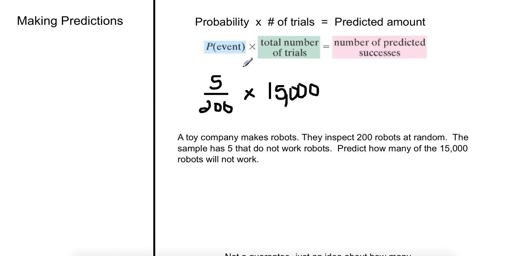So the easiest thing to do is to turn this to a decimal, which is 0.025, and then you just times that by your 15,000. When you do that, you will get 375 robots that will not work out of the 15,000.